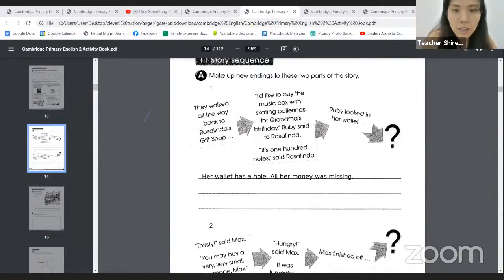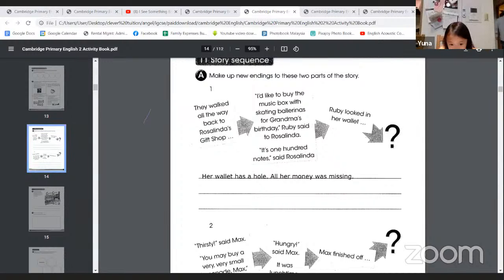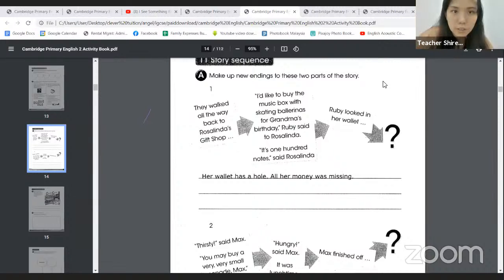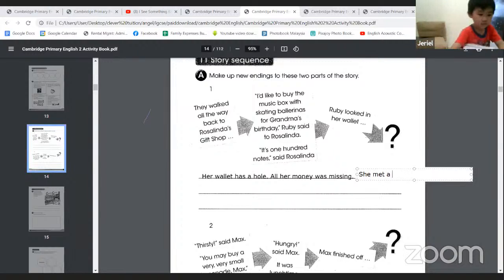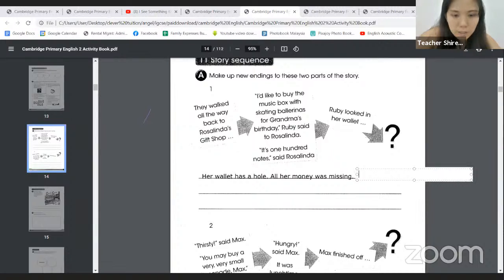All her money was missing. She met a kind lady. Okay, all her money was missing.